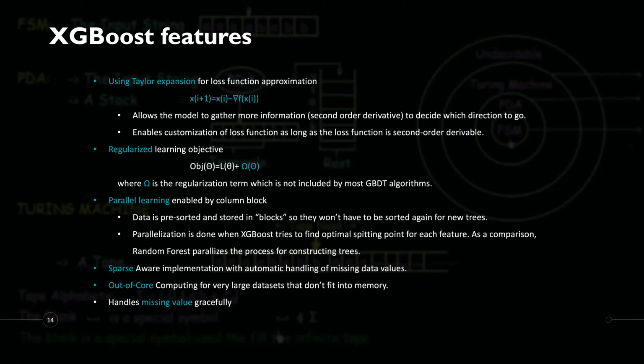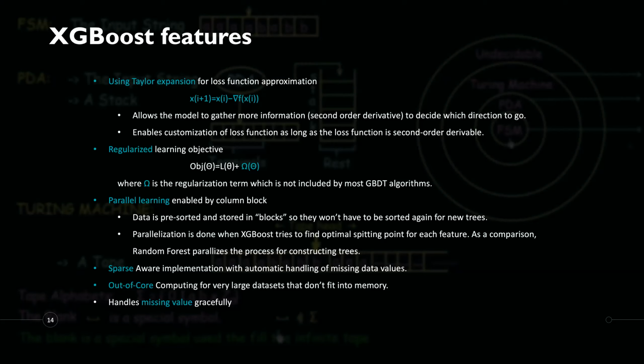So essentially, in simpler words, every single decision tree in boosting depends on the previous trees, which makes it a sequential process.